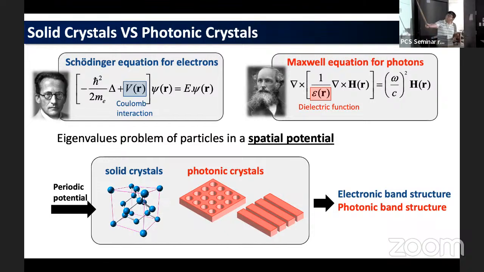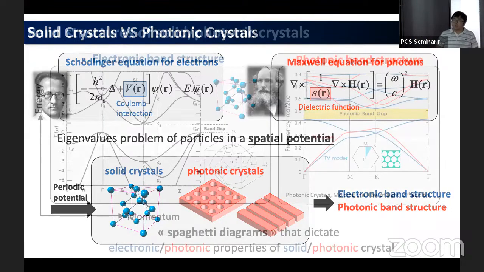If you compare the two equations, you will see that they are both eigenvalue problems of particles in a periodic potential. So we can apply the Bloch theorem. The eigenmodes of the system contribute to the electronic band structure for solid crystals and the photonic band structure for photonic crystals.